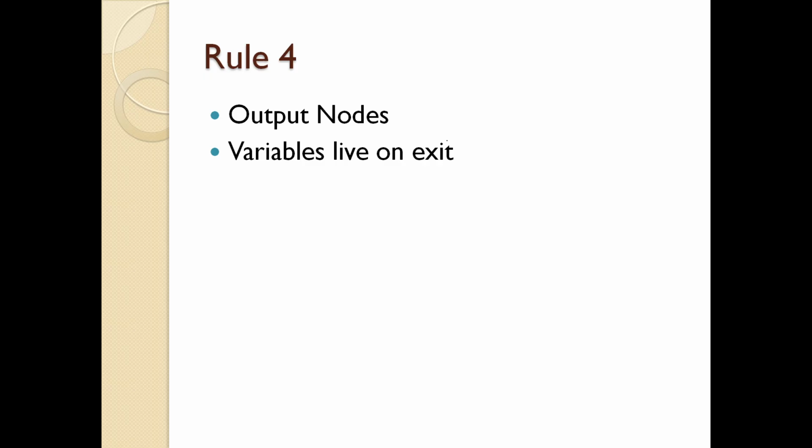So suppose I have B1 basic block. As I am leaving B1, whichever variables I may need in the future, those variables are to be marked as output nodes, or output variables. So they are known as live variables. On the exit of B1, they are the live variables.